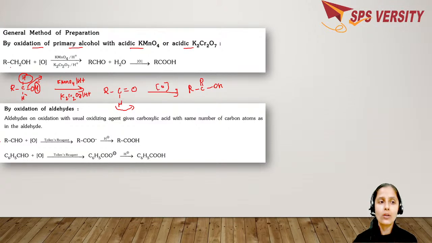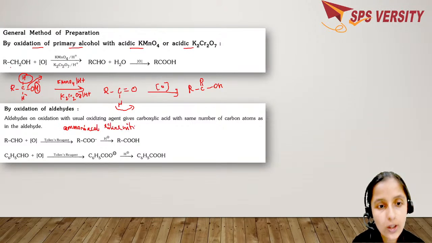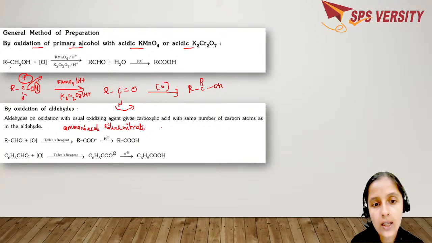And if you have to start from aldehydes, then you can oxidize them using a mild oxidizing agent like Tollens' reagent, which is ammoniacal silver nitrate. Tollens' reagent is ammoniacal silver nitrate. You are going to use the ammoniacal silver nitrate, where the silver carries a charge of +1.